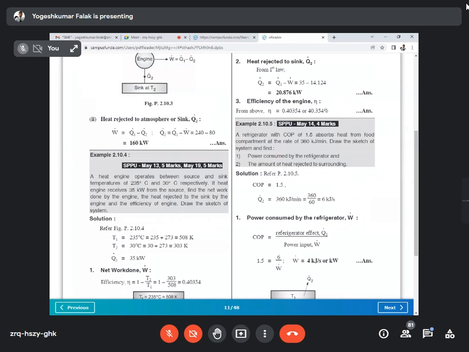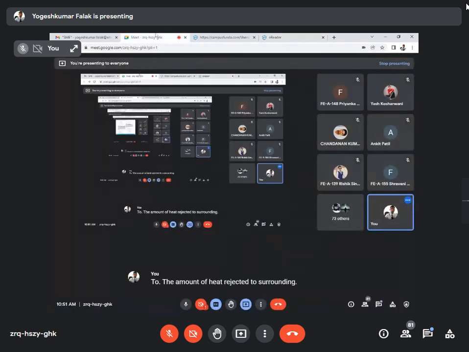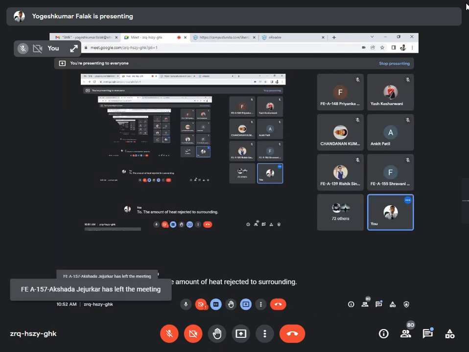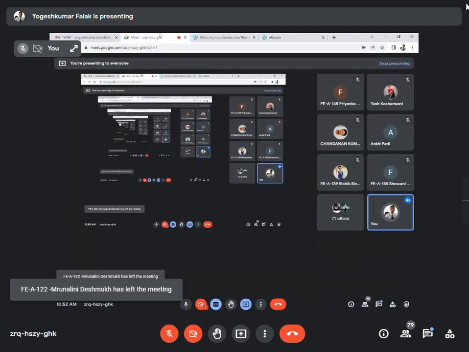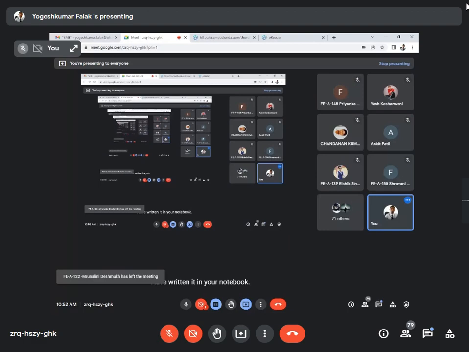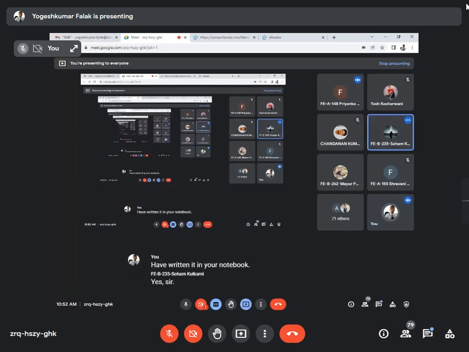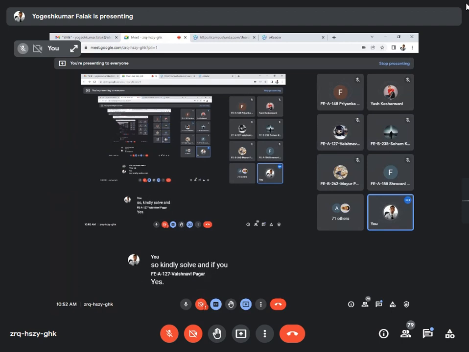Two, the amount of heat rejected to surrounding. Have you written it in your notebook? Yes, sir. So kindly solve and let me know the answer of it.